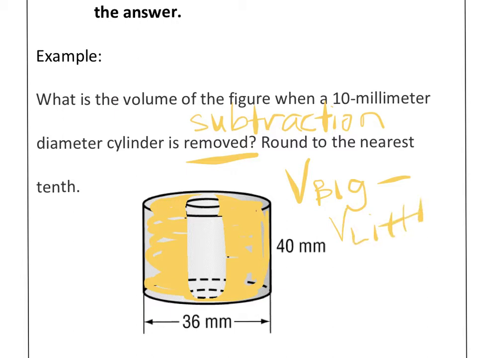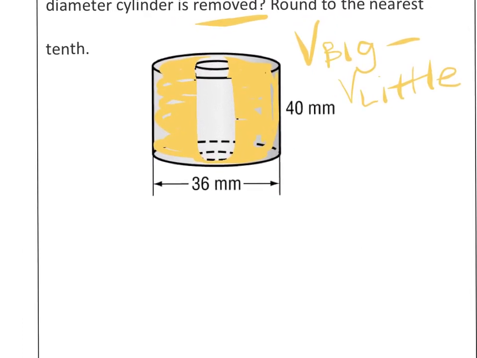That's what I think I need to do. So let's see if we have the measurements to do that. Let's try to find the volume of the big cylinder first. Well, volume of any cylinder is pi times the radius squared times the height. So let's substitute our measurements now.